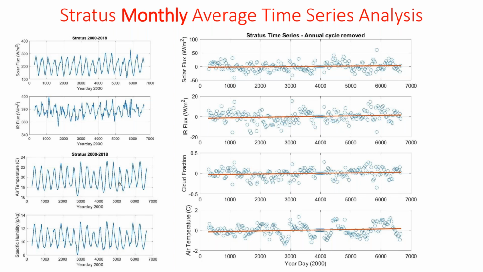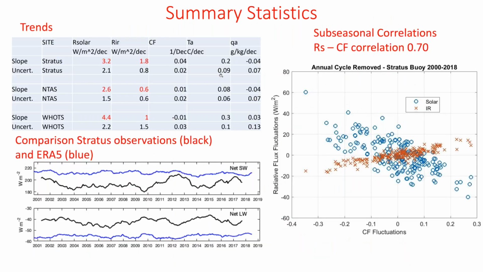If you remove the annual cycle, you then see the monthly values with the annual cycle removed for solar flux, IR flux, cloud fraction, which is estimated from the IR flux, and air temperature, and these lines are linear regressions through them. And here's a table of the trends from the three sites, the Stratus, NTAS, and WHOTS.